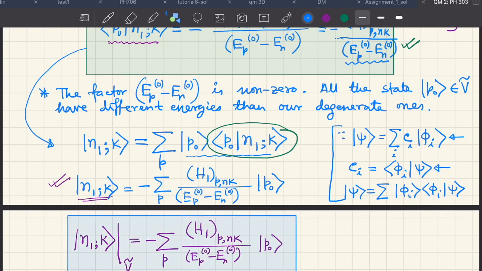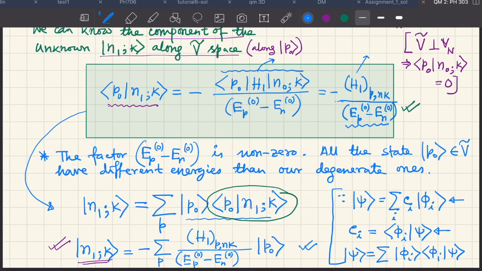Technically, the equation that I had written in this step is not correct, because we have started with N1K projected along the direction P naught, which is in a different space which we have called V tilde.